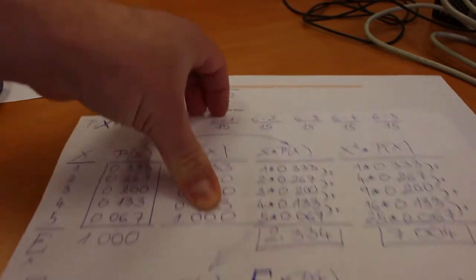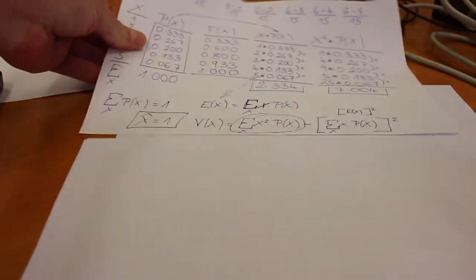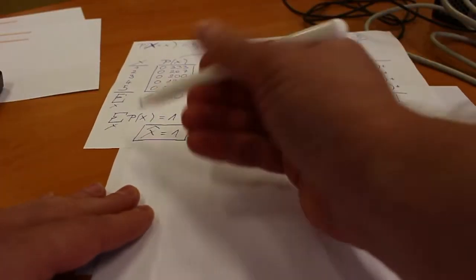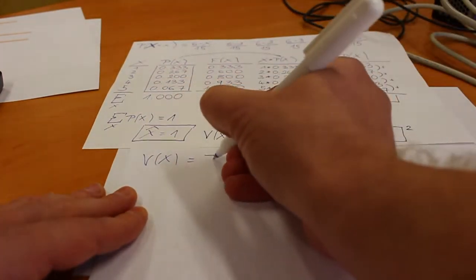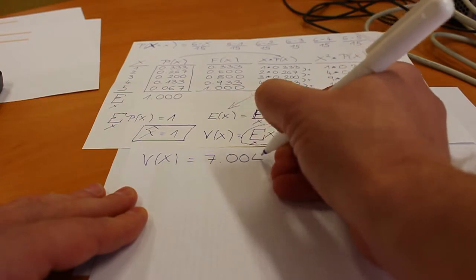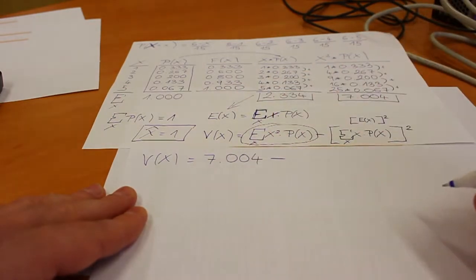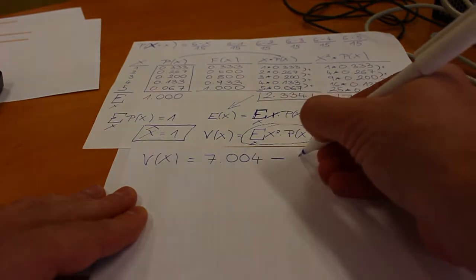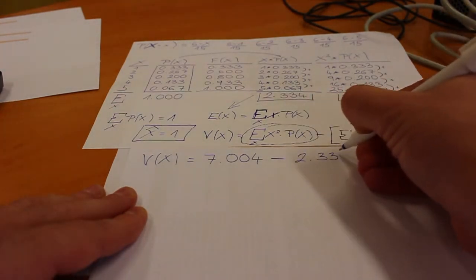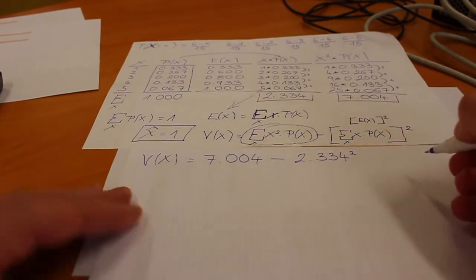So the variance of random variable x will be calculated like 7.004 minus the second power of the expected value, 2.334 squared.